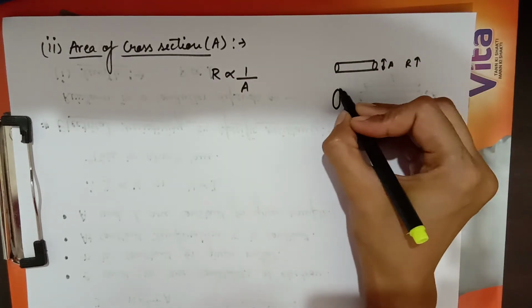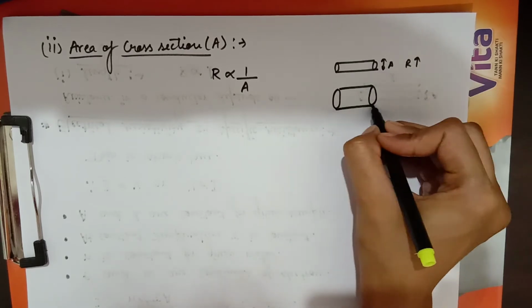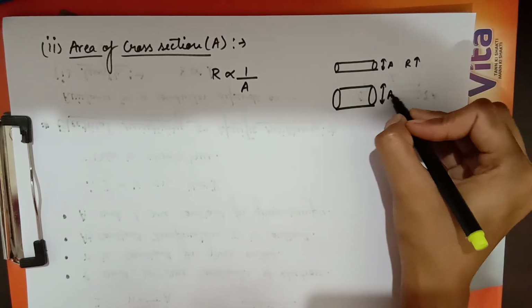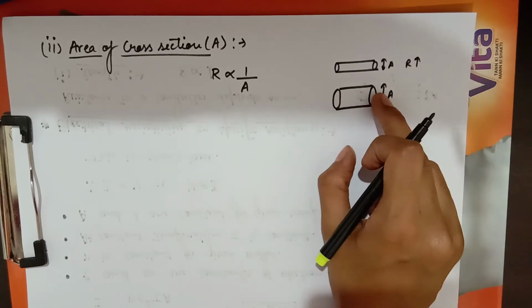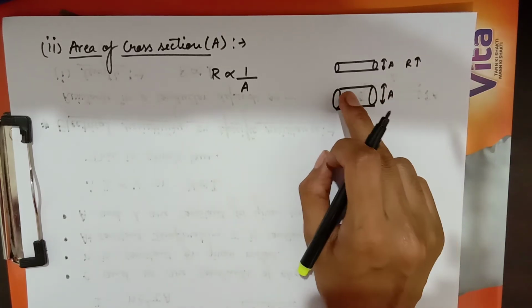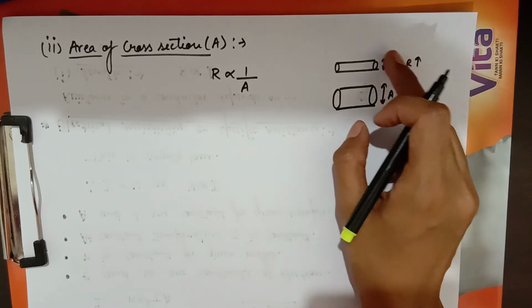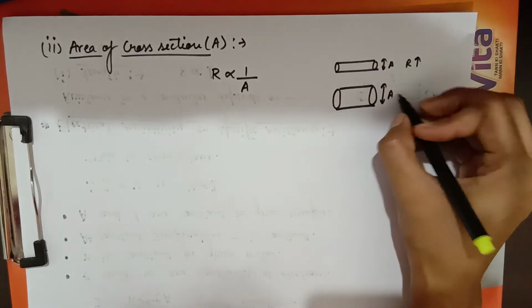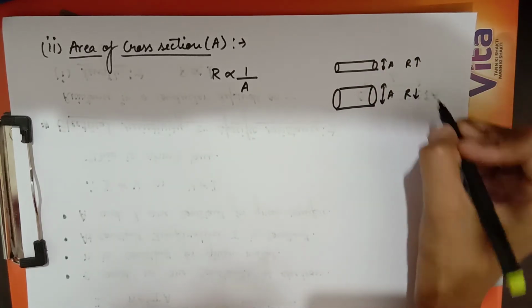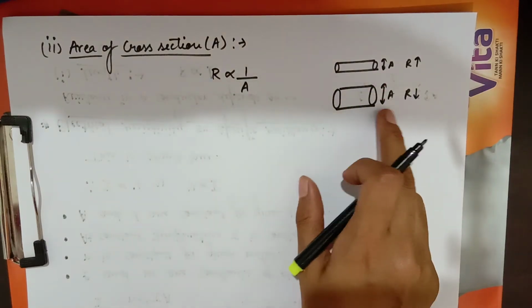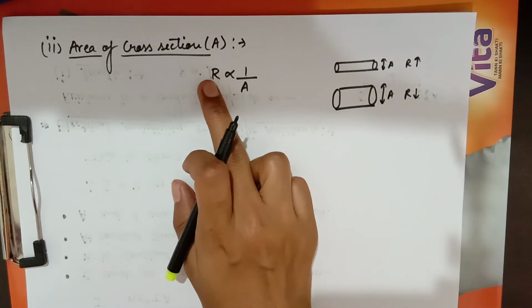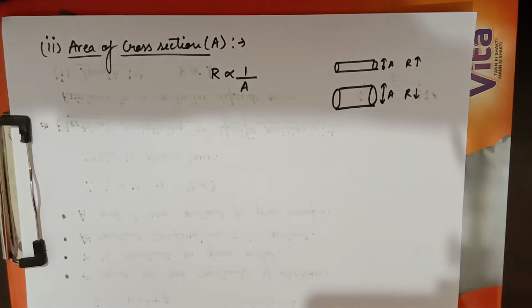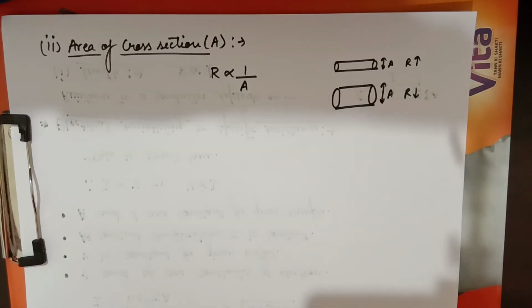If the area of cross section increases, the space will increase, and it will be easy for electrons to pass from one point to another compared to this situation. So here resistance will decrease. As the area increases, resistance decreases. So R is inversely proportional to the area of cross section of the conductor.